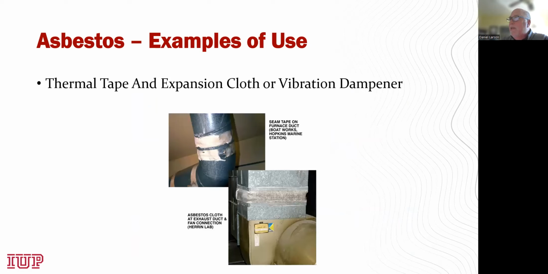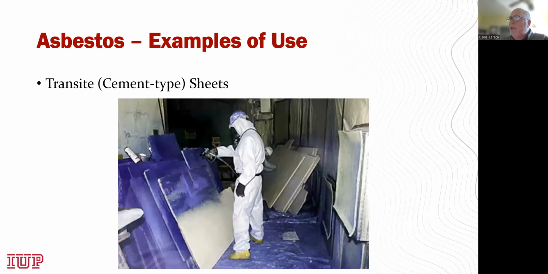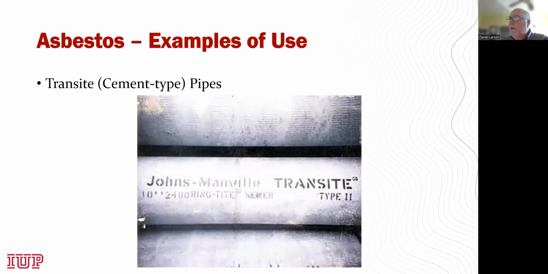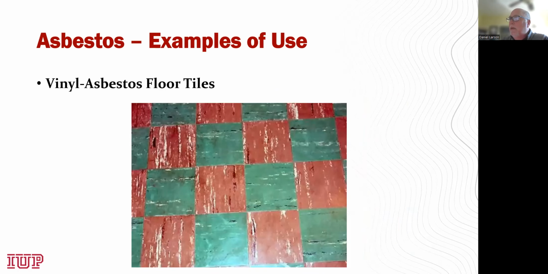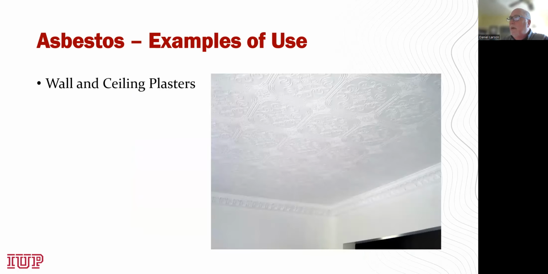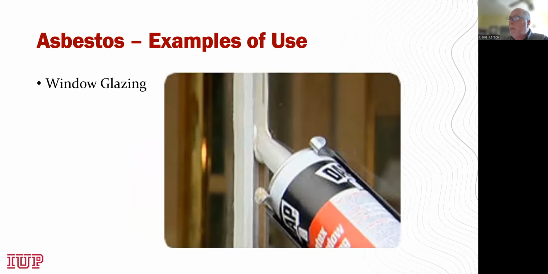Thermal tape and expansion cloth or vibration dampeners could contain asbestos. Transite sheets, transite pipes, vinyl asbestos floor tiles, wall and ceiling plasters, window glazing.